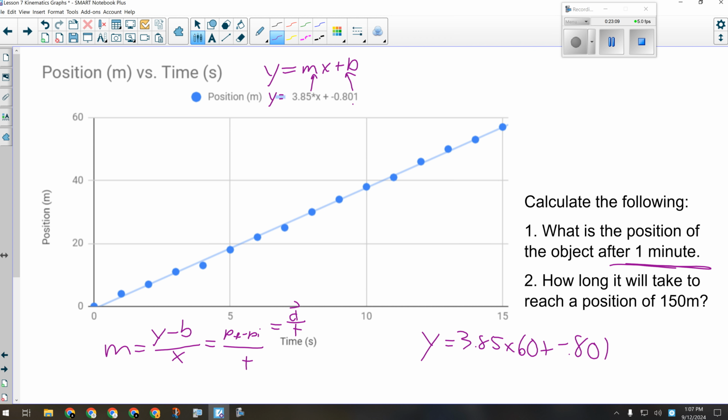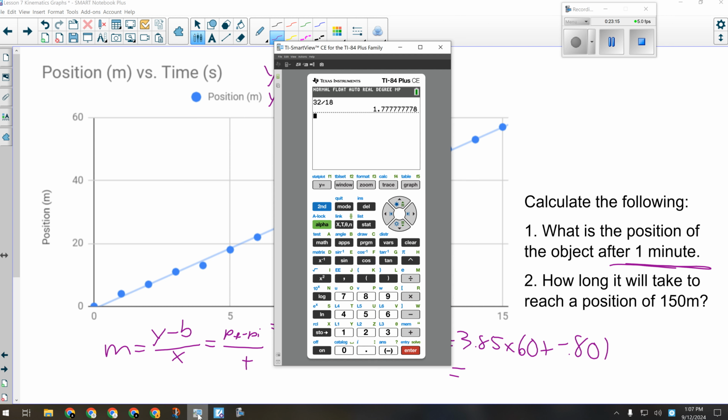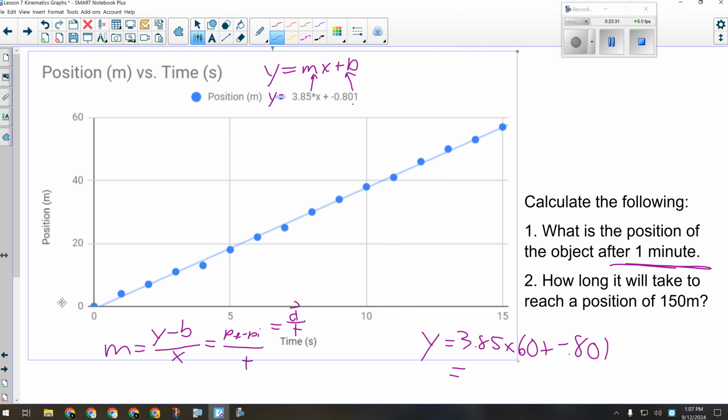That's what I'm doing here: velocity, time, initial position. So the position after 1 minute will be 230 meters. Actually, it'd be 2.3 times 10 to the 2, but we'll just say 230 for now. Okay, everyone follow how I figured that out?